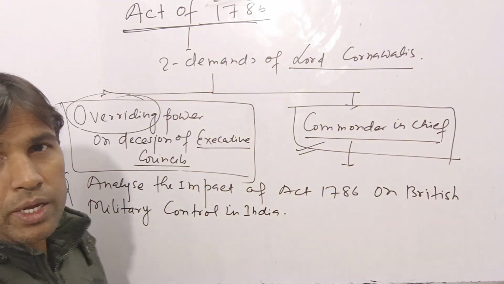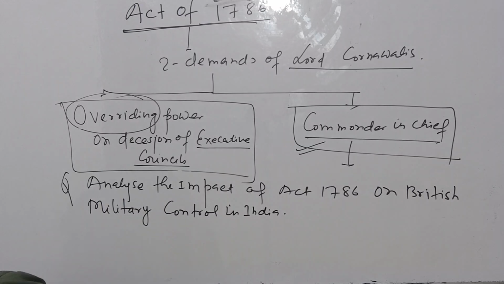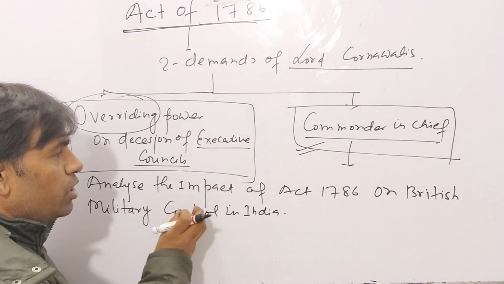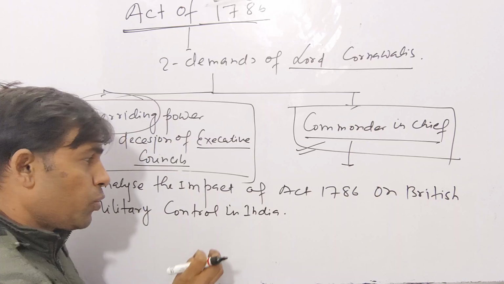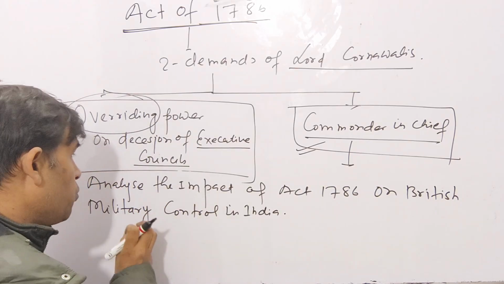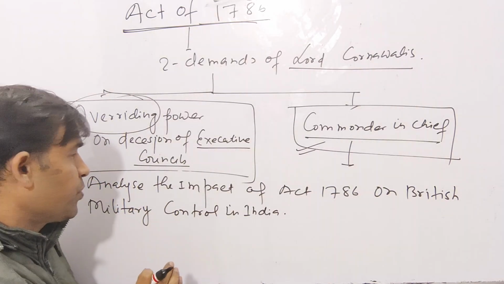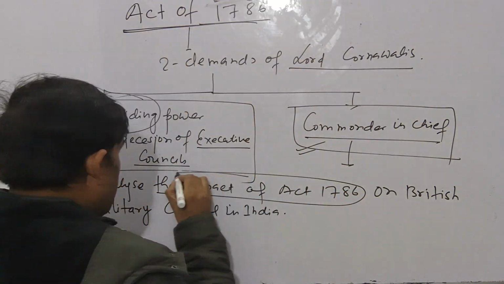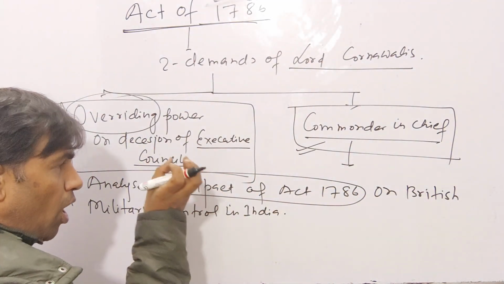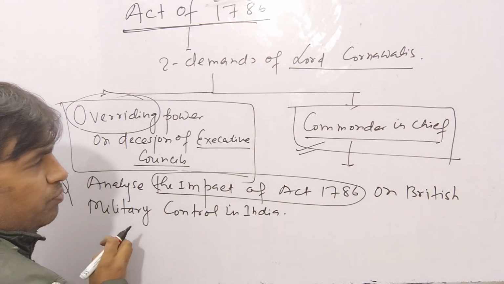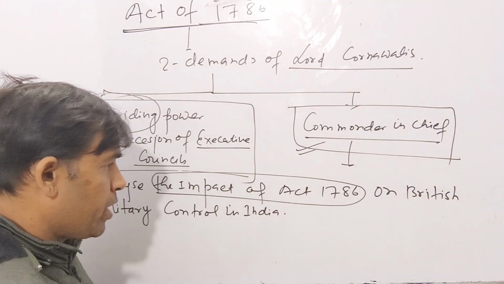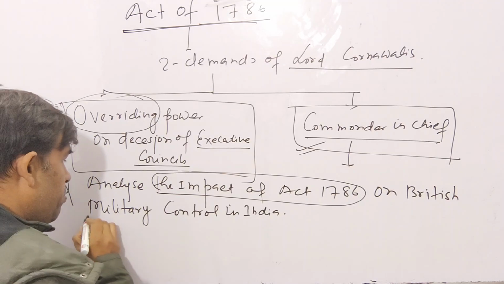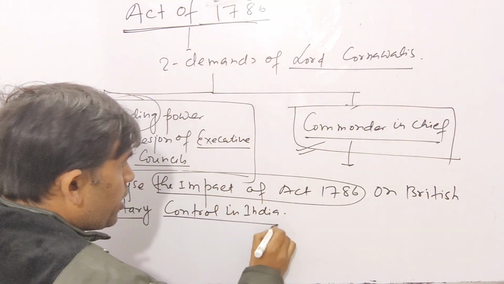Before discussing the answer to this question, I have to decode what the question is basically asking. Analyze the impact of the Act of 1786. It means how this Act of 1786 helped the British government to strengthen their military power and control in India.